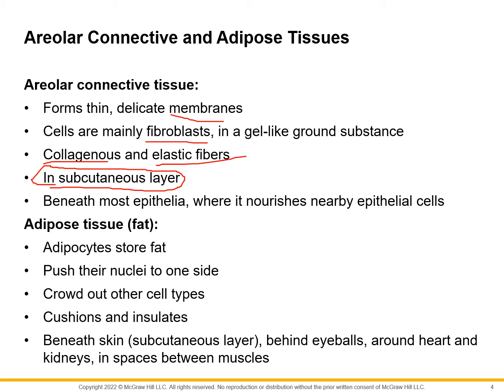The integumentary system has the epidermis, dermis, and the hypodermis, which can also be called the subcutaneous, because the dermis and the epidermis make up what we call the cutaneous membrane. It's going to be between most of the epithelial tissue and the connective. That's the go-between.